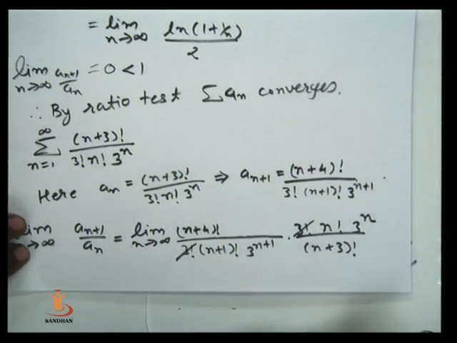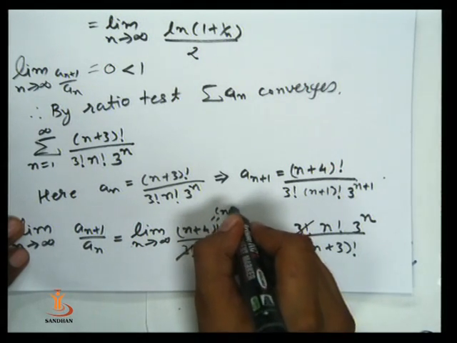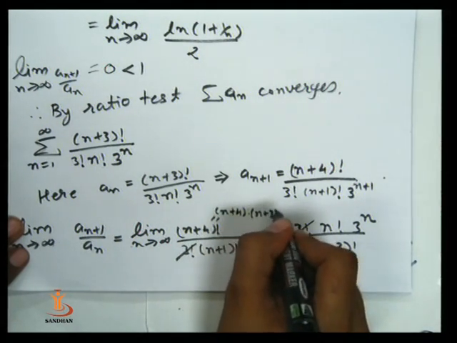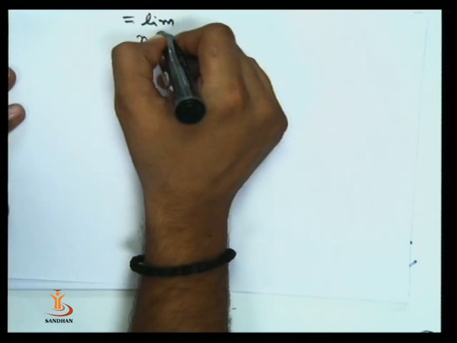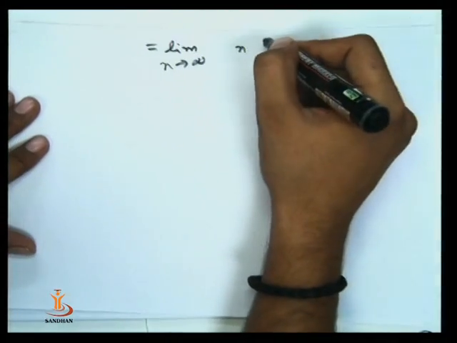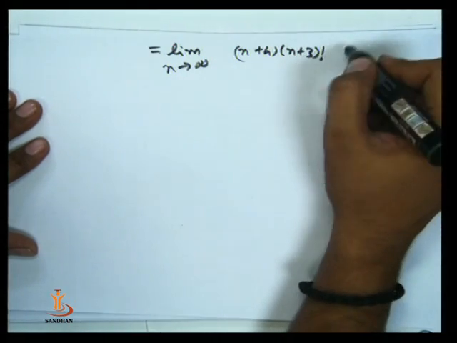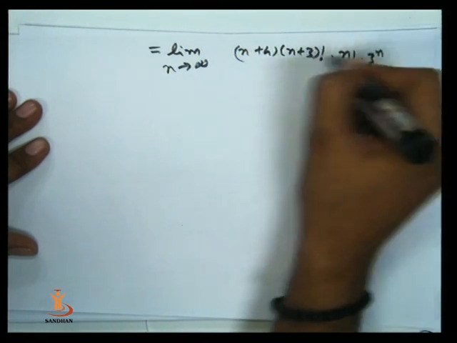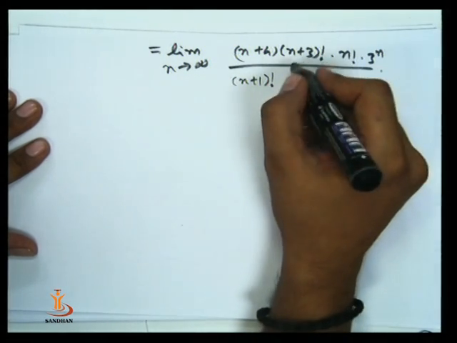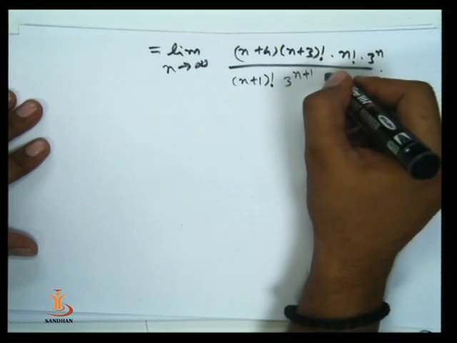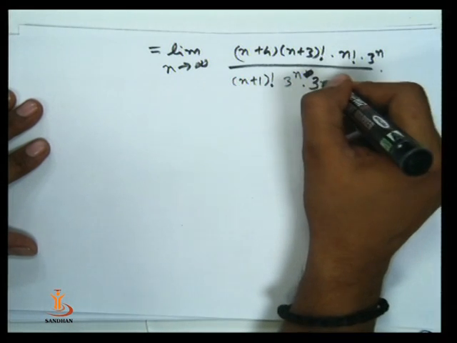Now this (n+4)! can be written as (n+4) into (n+3)!, right? So that term is going to be the limit as n tends to infinity of (n+4) into (n+3)! into n! into 3^n divided by (n+1)! 3^(n+1) into (n+3)!. Now 3^(n+1) is the same as 3^n into 3, right?